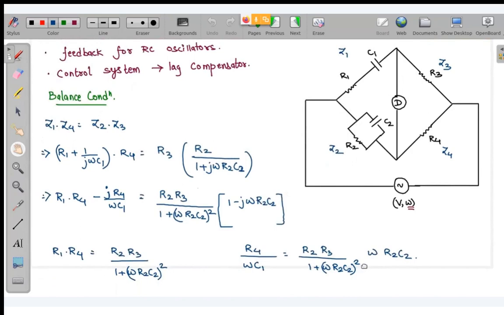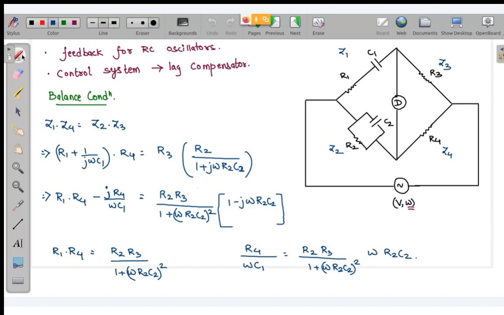These two equations we have. I told you previously that variable capacitance is costly compared to variable resistors.